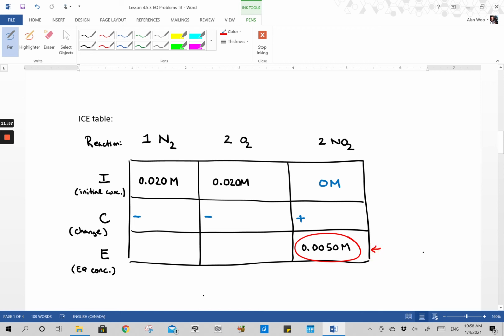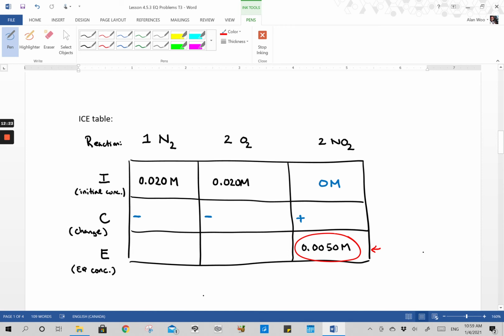Because we're given the equilibrium concentration of one substance, we can figure out all the other boxes. So this is what you have to ask yourself. If we just look at NO2, NO2 started with 0 molarity, but then at equilibrium, it has 0.0050 molarity. So how much did it change by?